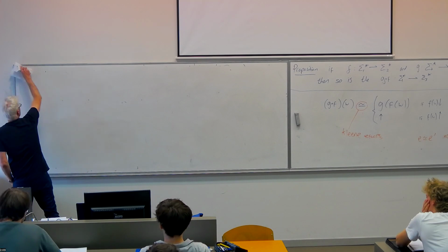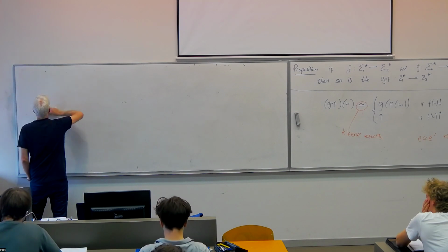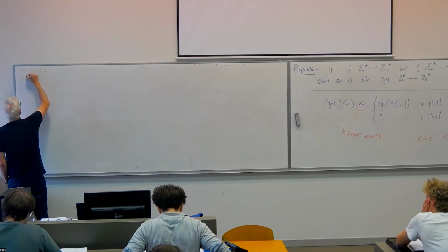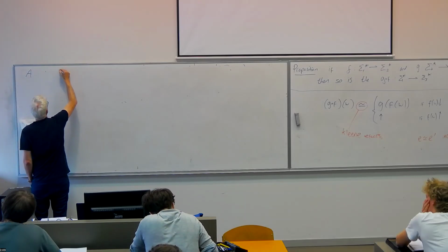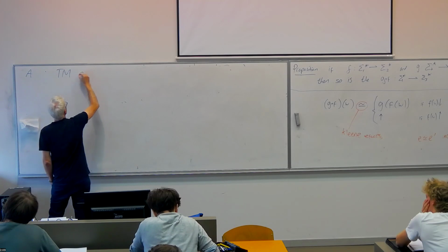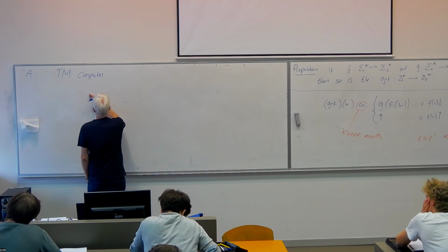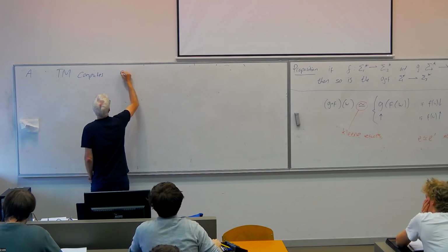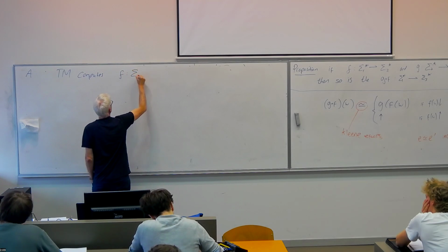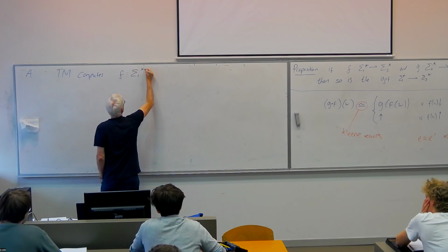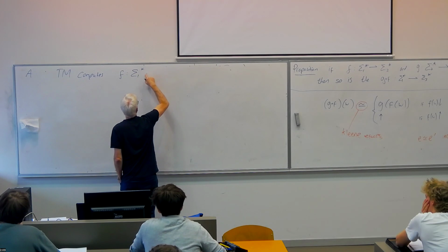To define computability, we need to say what it means for a Turing machine to compute such a function. Again, this is for a partial function in general, because the Turing machine might go into a loop. So suppose we've got a function taking k different arguments, all of which are words.